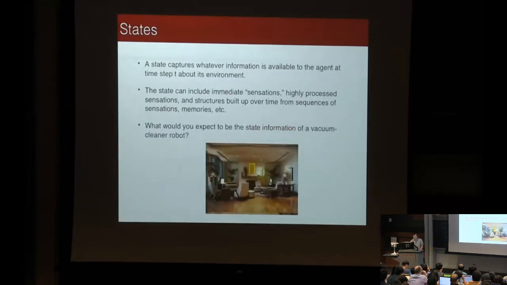So here's an example. What would you expect to be the state information of a vacuum cleaning robot? Right? What do you think the state should be? Could be position, could be the amount of dirt. If your vacuum cleaner has a camera in it, it could be a visual representation of the world. If you have some Kinect or depth sensors, that could be the representation of the world, right?